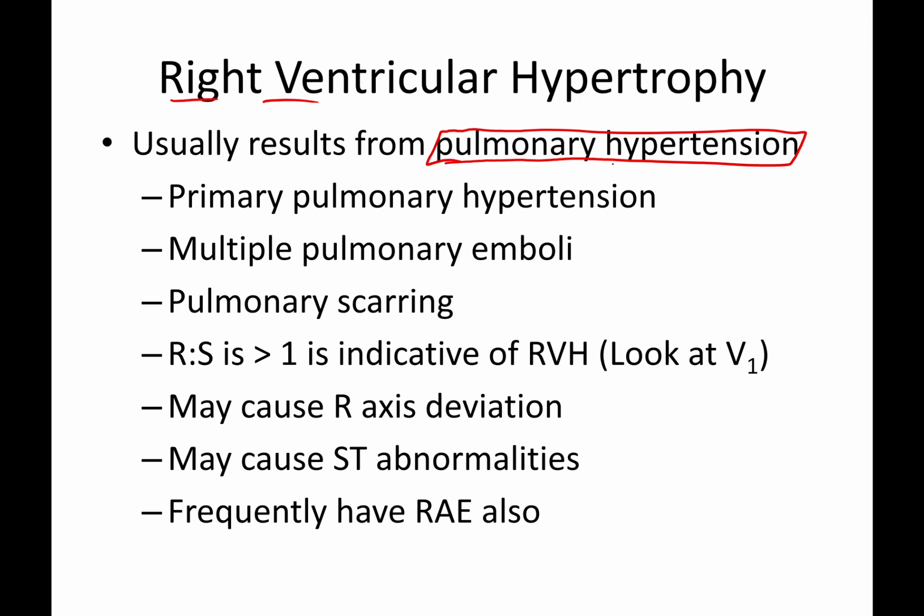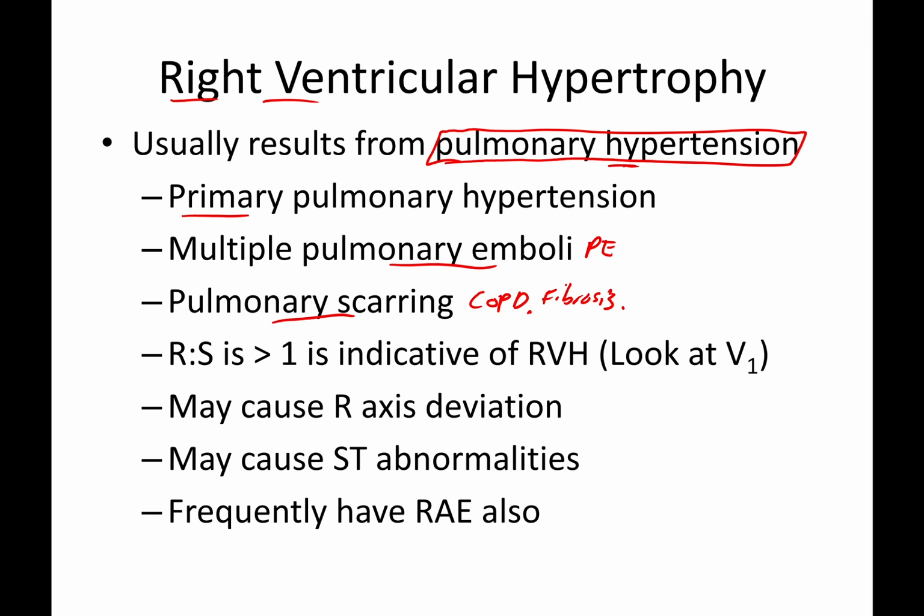What can cause pulmonary hypertension is either you can have it as a primary illness, maybe some people just develop pulmonary hypertension. Another one is a good old-fashioned PE. That blockage of blood flow will create a backup. Pulmonary scarring, either from COPD, fibrosis, etc.